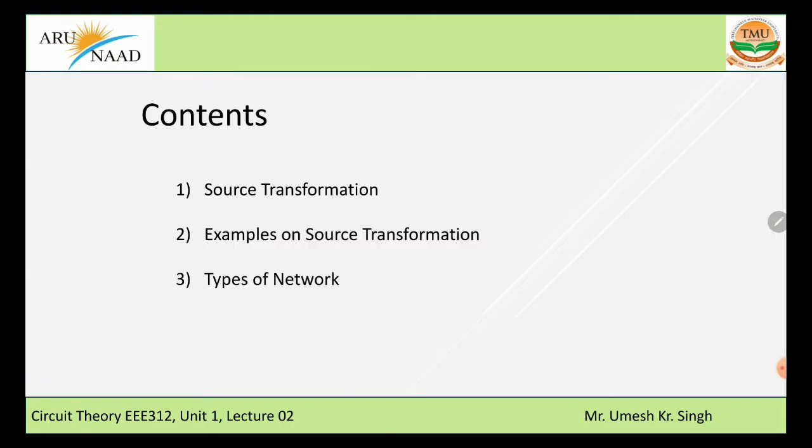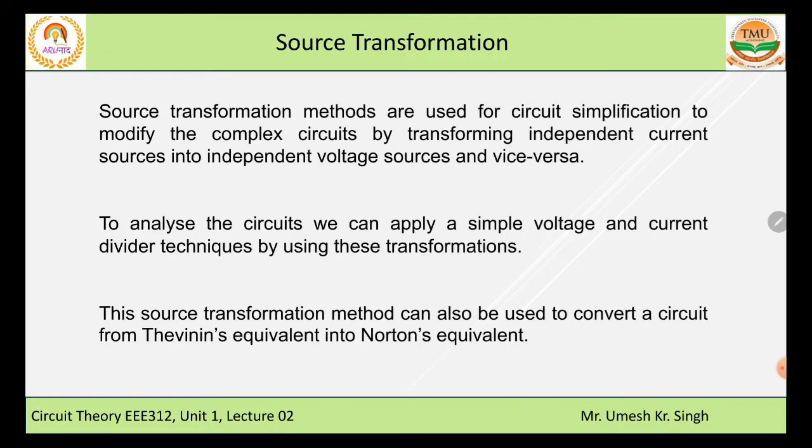In this module we will study the source transformation, examples on source transformation and different types of electrical network which are present. Source transformation is used for the simplification of circuit. In this we convert the voltage into current or current into voltage, but for this transformation there should be a particular circuit condition.